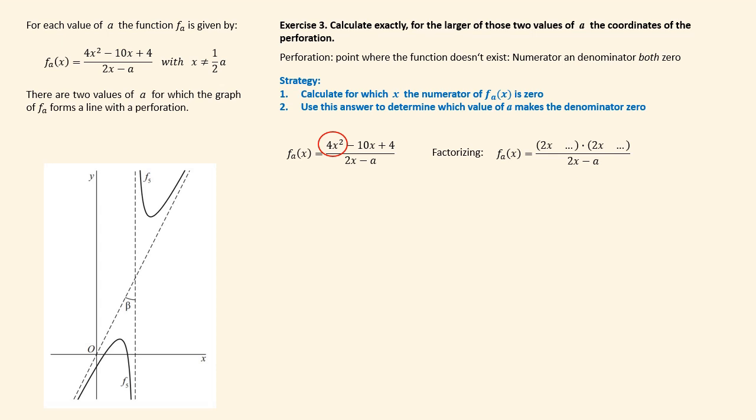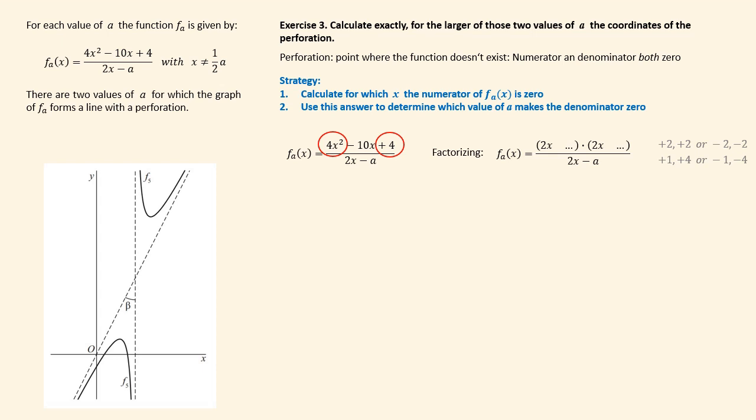Then we can focus on the last term, the 4. We know that the multiplication of the dotted lines should be 4. And now there are 4 ways of getting there: 2 times 2, or minus 2 times minus 2, or 1 times 4, or minus 1 times minus 4.